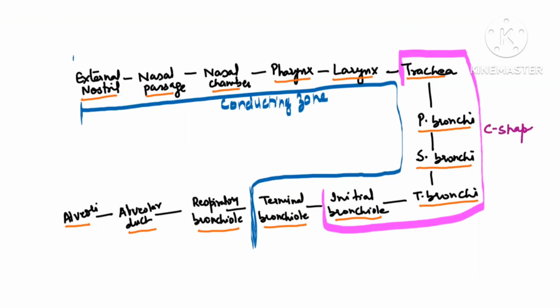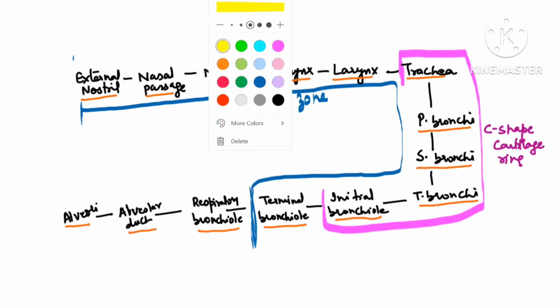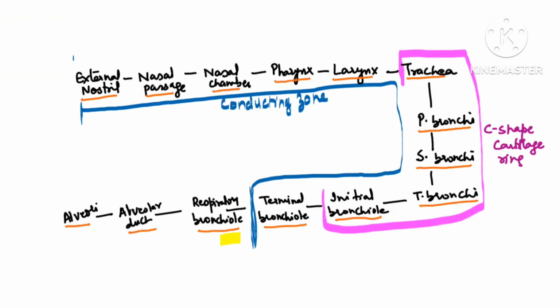This C is incomplete on the dorsal side. So C-shaped cartilage rings are present, which start from trachea till initial bronchiole. Respiratory bronchioles, alveolar duct and alveoli, they are the part of the respiratory zone.